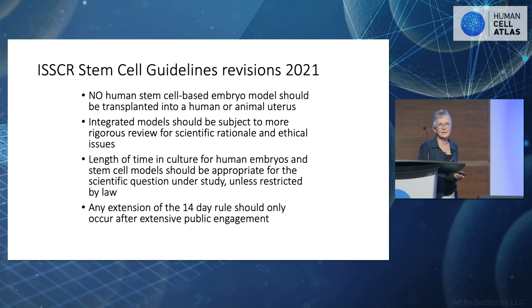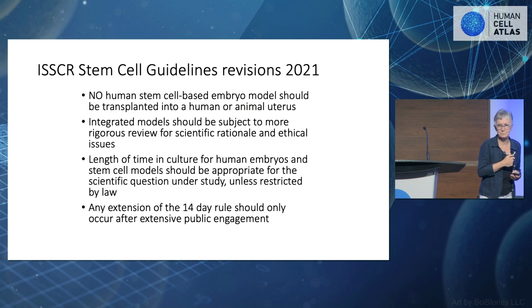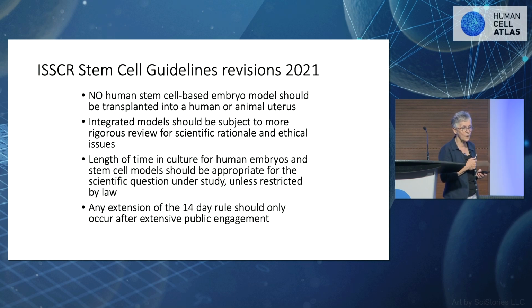And these are some of the guidelines in there about this kind of work. None of these stem cell models should ever be transplanted to a human or animal uterus. These integrated models that include trophoblast and primitive endoderm, which potentially could make a whole embryo, should be subject to very careful review. And if you're going to culture them, either an embryo or a model, you have to do it for a short period of time.